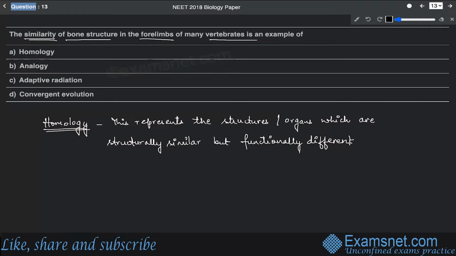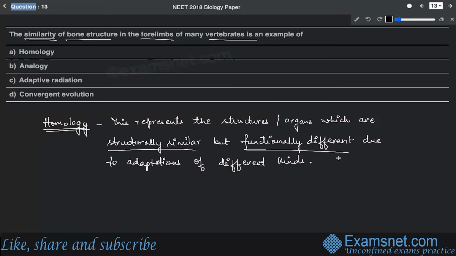Due to adaptations of different kinds. They are functionally different due to adaptations of different kinds. All right, so this is the reason. That means they are structurally similar, but they are functionally different, remember.